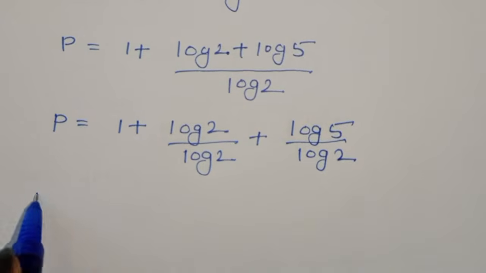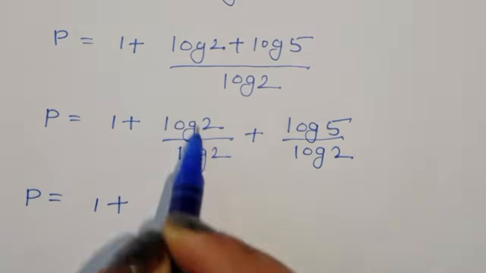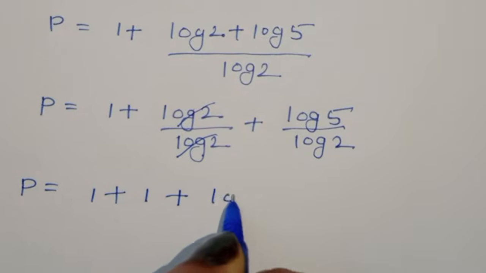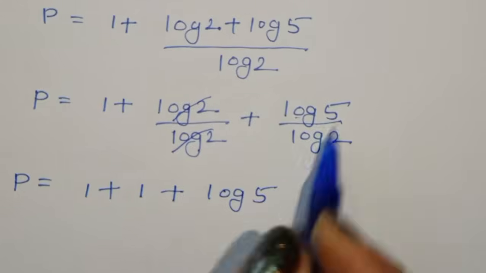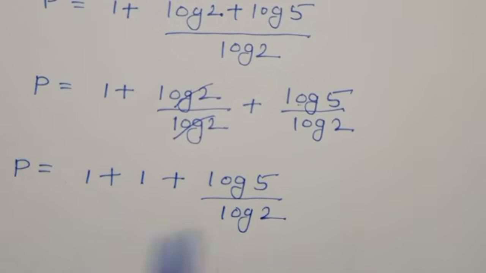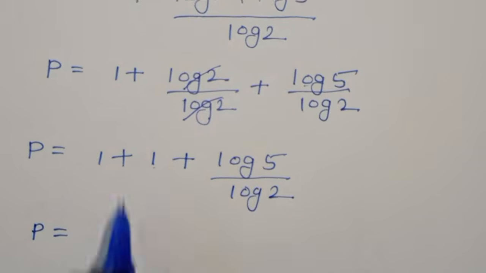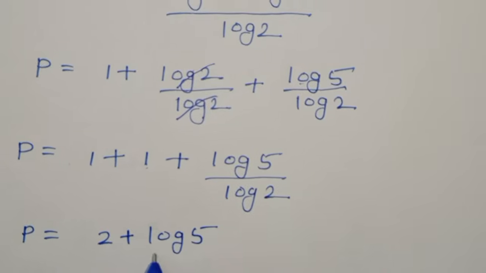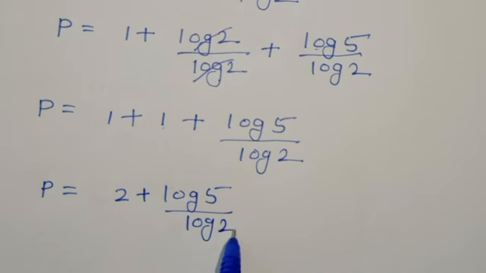Now p is equal to 1 plus log of 2 divided by log of 2, that is 1, plus 1 plus log of 5 divided by log of 2. Now p is equal to 1 plus 1 is 2, plus log of 5 divided by log of 2.